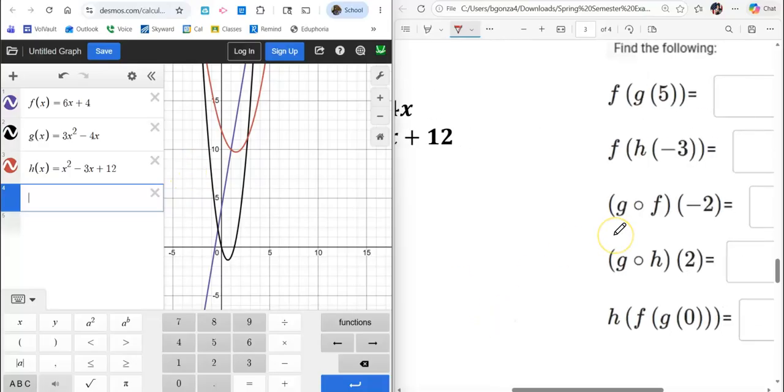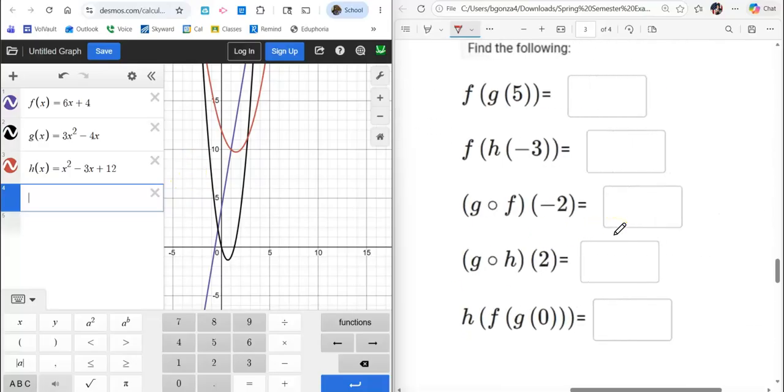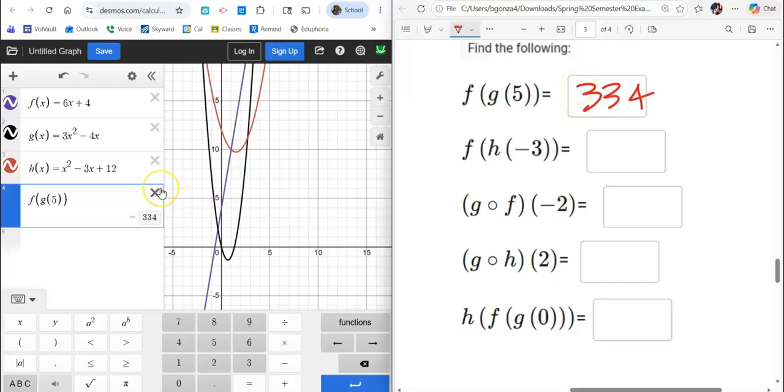All right, I got all three in. Now these first two you can just type in. 334. 184.